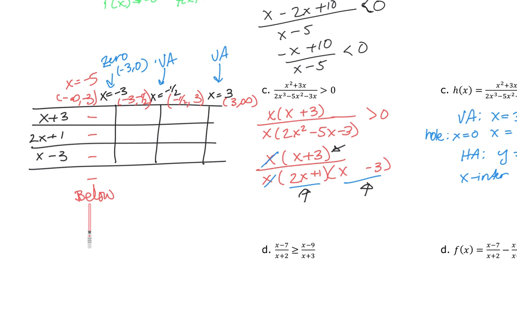But this doesn't tell me behavior of the graph other than the fact that I have a 0 here, which means I must be crossing, well, maybe. Let's actually do this one to see whether or not I'm bouncing or crossing, because guess what? Everything that held true about the zeros in polynomials is going to hold true about the zeros in rational functions.